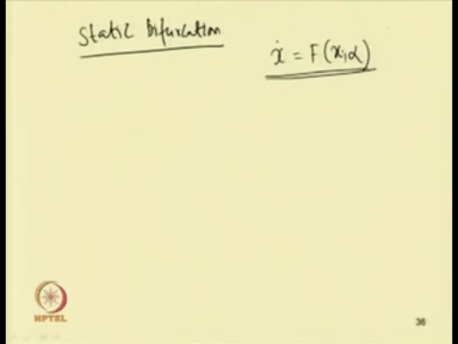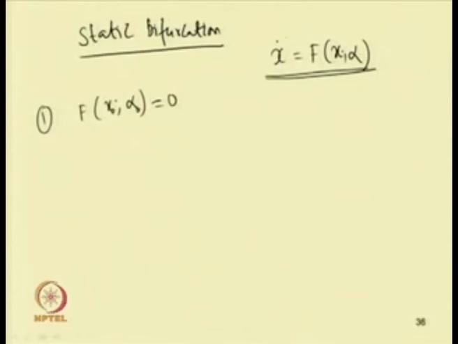To find the static bifurcation point, first it should obey that f(x, alpha) at (x0, alpha0). So, let alpha0 be the bifurcation point. Then f(x0, alpha0) must be equal to 0.